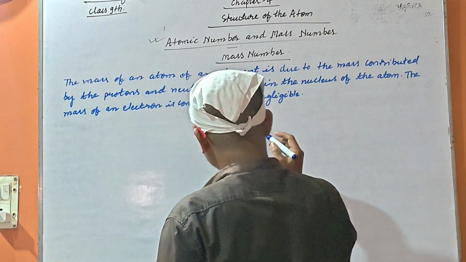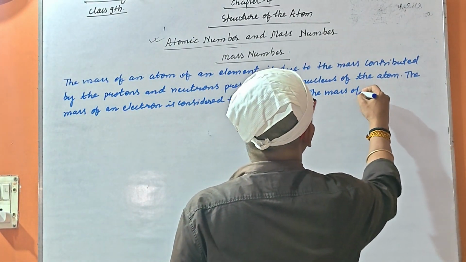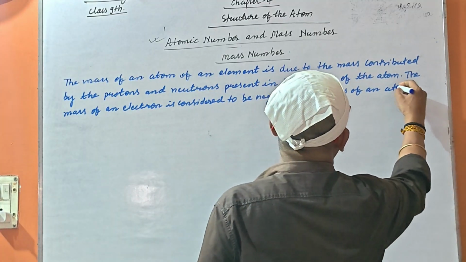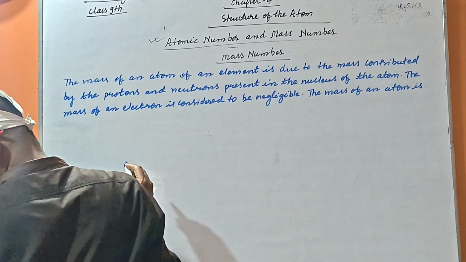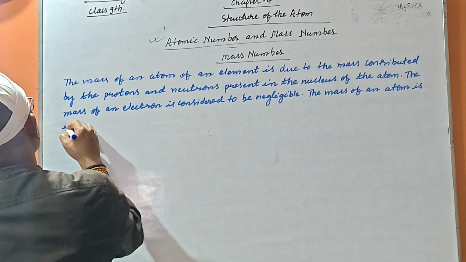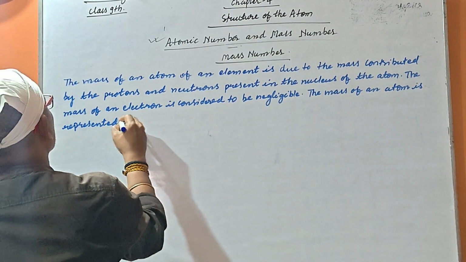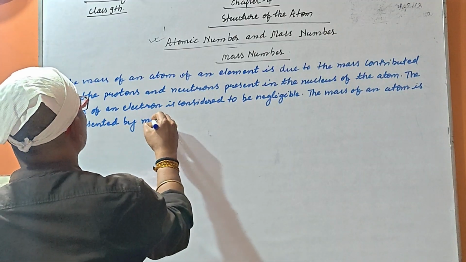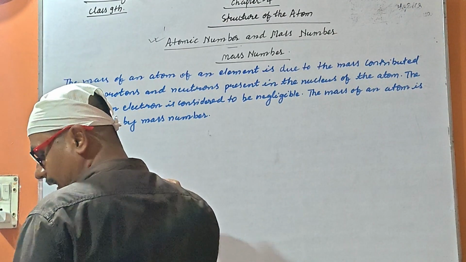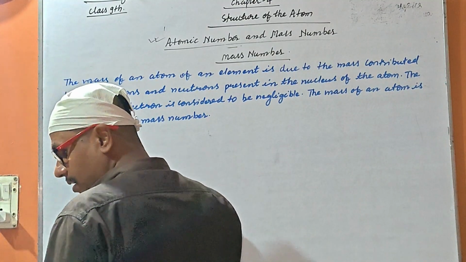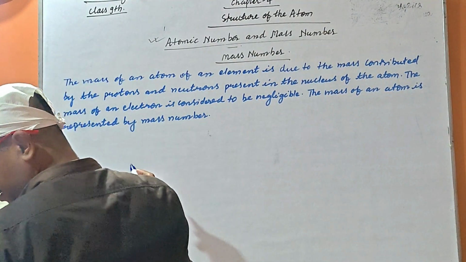The mass of an atom is represented by the mass number.